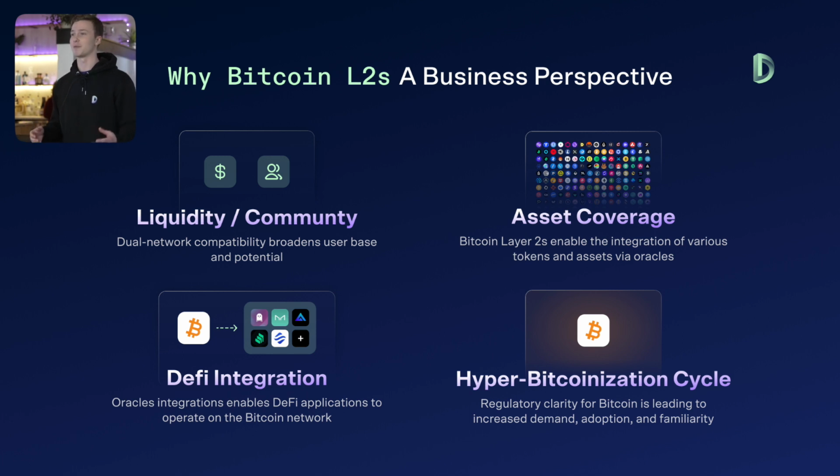We are at BOB Hackerhouse, and in my opinion, from the infra perspective, this is really where the beauty aligns in terms of opportunity, starting with liquidity and community, right?